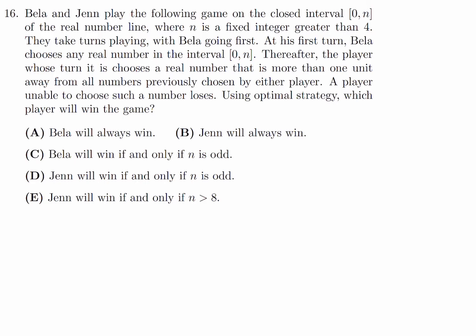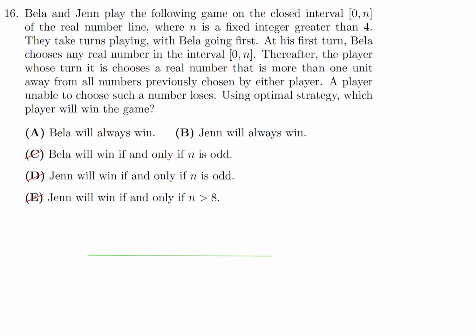Let's tackle this. I don't think the number n matters with regard to what it is, whether it's 5, whether it's 10, whether it's odd or even. So I'm thinking that C, D, and E are wrong because it won't matter if it's 1,000 or 100. Somebody will win and somebody will lose. So let's tackle this based on that assumption.